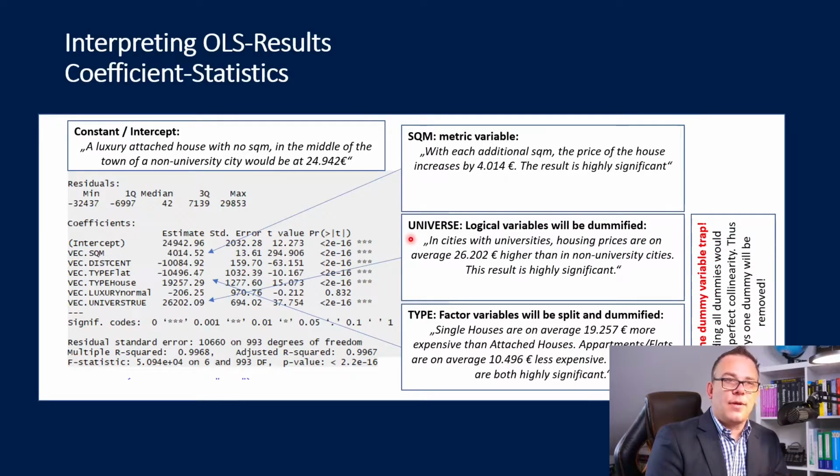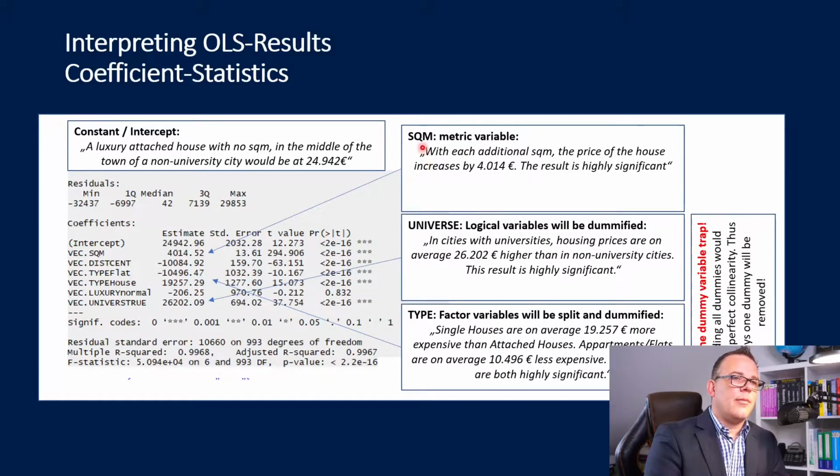In cities with universities, housing prices are on average 26,202 euro higher than in non-university cities. The result is highly significant because, again, here we see a very low p-value, and that undergoes all significance levels. So we have 3 asterisks here.